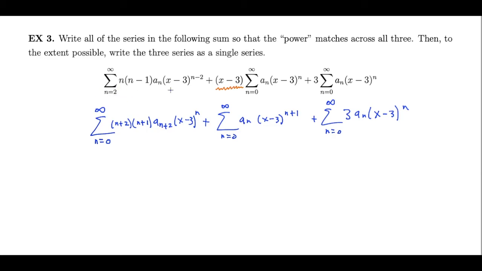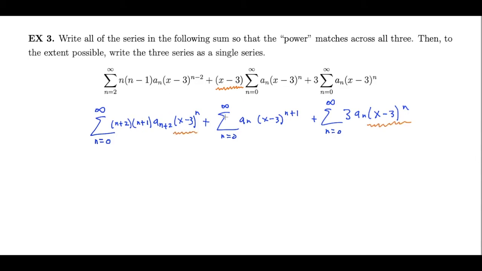If I plug that into this series, the first term that I'll get will be 2 times 1 times a sub 2 times (x minus 3) to the 0. And in this expression, if I plug in the first index, I will also get 2 times 1 times a sub 2 times (x minus 3) to the 0. So when we make these sorts of modifications, it's pretty easy to verify that we've done that correctly.